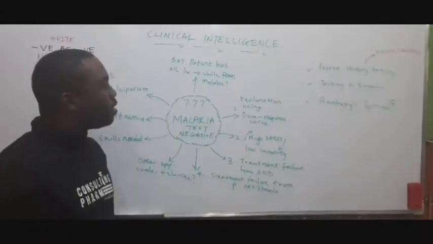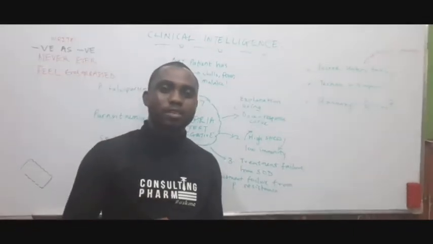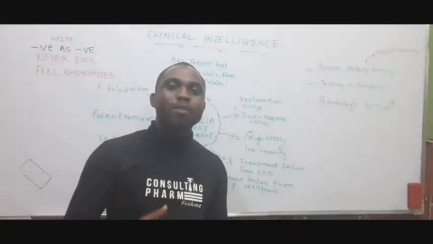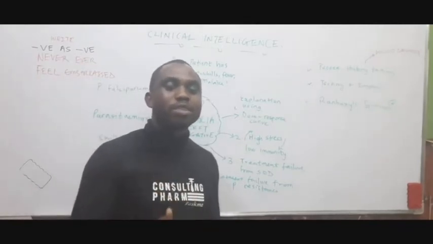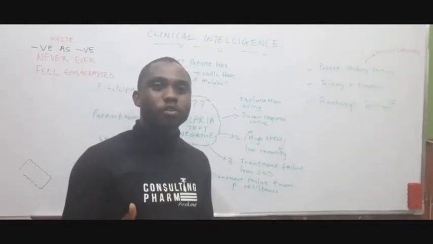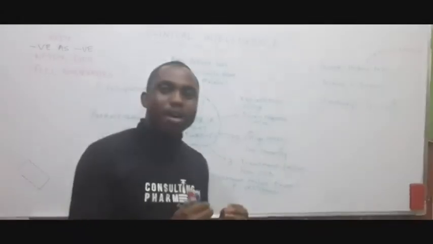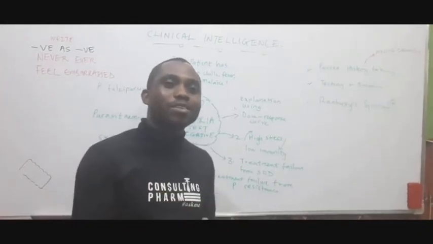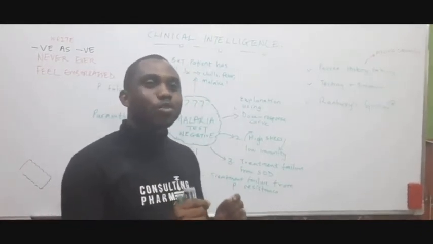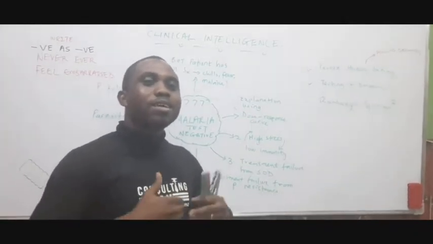Now, the first thing here is the dose response curve. Every single kit that is used for rapid diagnostics has what we call a threshold. They have detectable limits. So if the parasitemia, the concentration of parasite in the bloodstream, is not up to the detectable limit of that particular RDT, it's going to come out as negative.